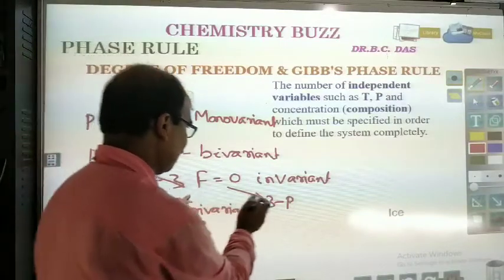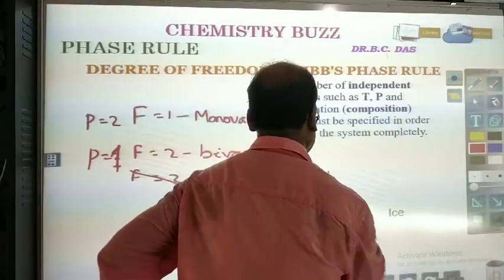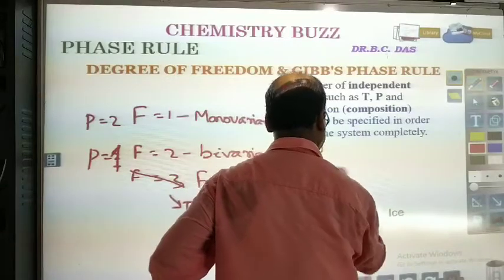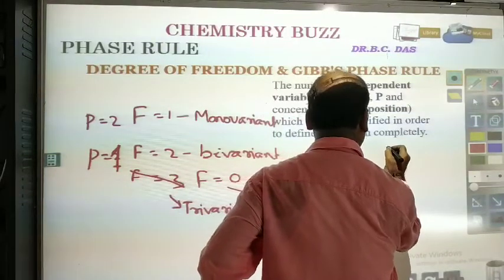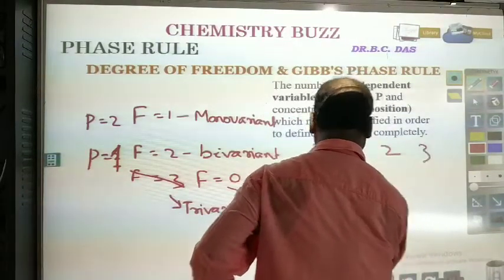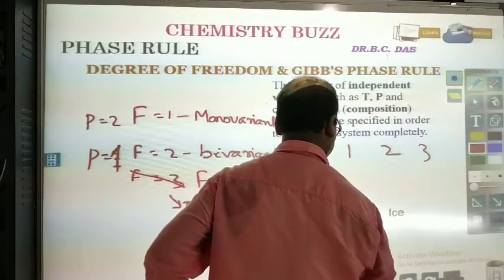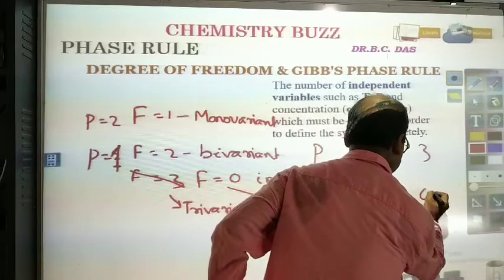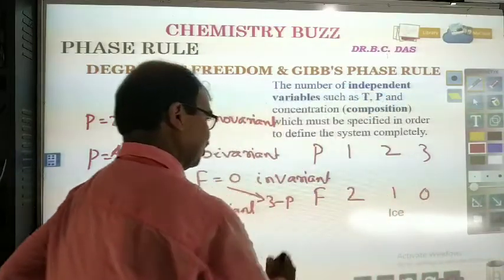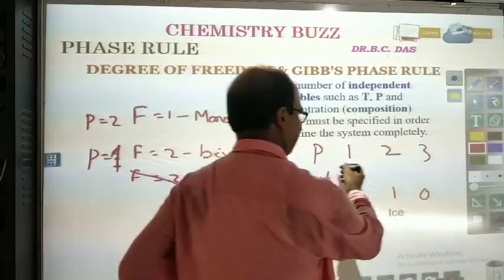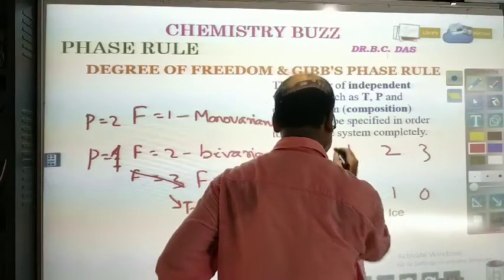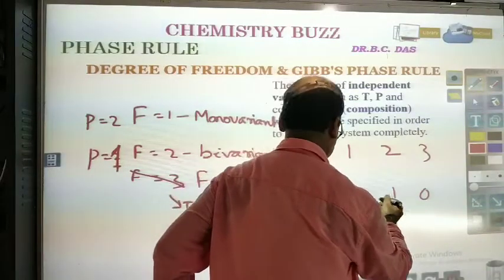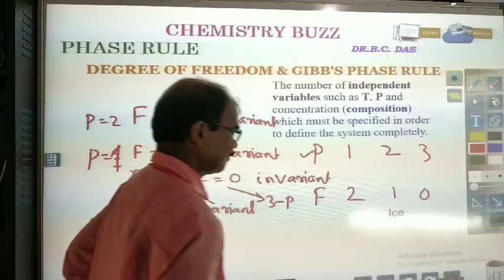We have taken phases 1, 2, 3, and the degrees of freedom here are 2, 1, 0. So when the number of phases increases, the degree of freedom decreases.